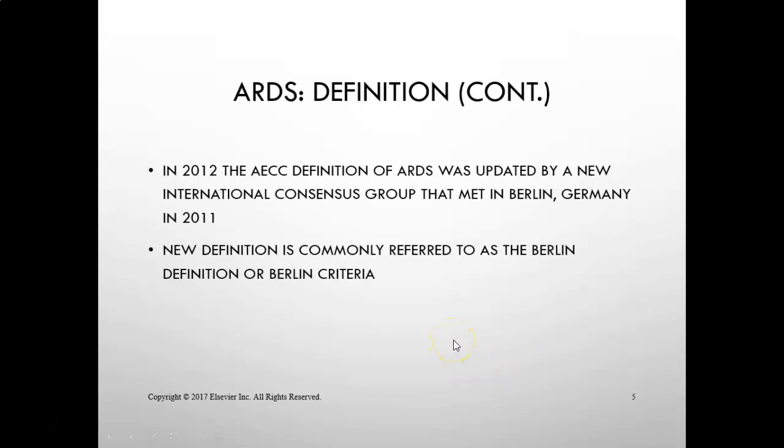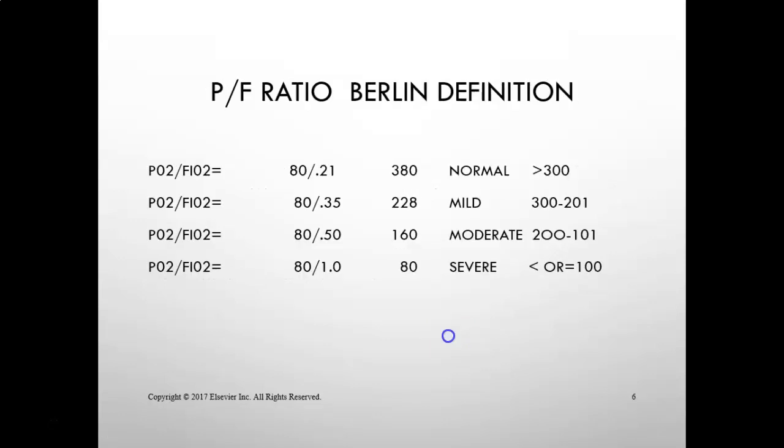So now we have another definition. This is the Berlin definition, and it primarily rests on these PF ratios. Let's look at these PaO2s. I couldn't, again, put the little a. But these are arterial oxygen divided by your FiO2.